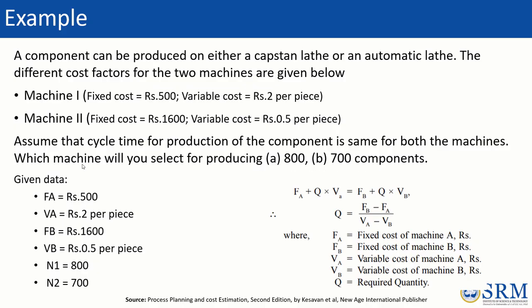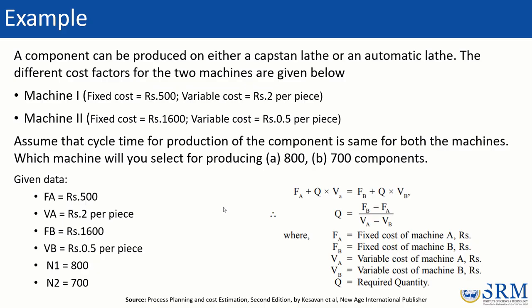So break-even analysis can also be used to select between two machines. One machine may have lower fixed cost but higher operating cost, whereas another machine may have higher fixed cost but lower operating cost. By comparing total cost at different production volumes, the most economical machine can be selected. So in the capstan lathe and automatic lathe example, the break-even point determines which machine should be used at different production quantities.